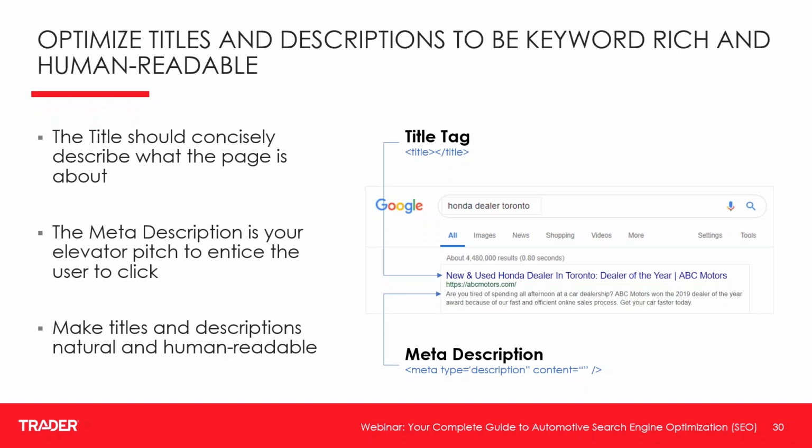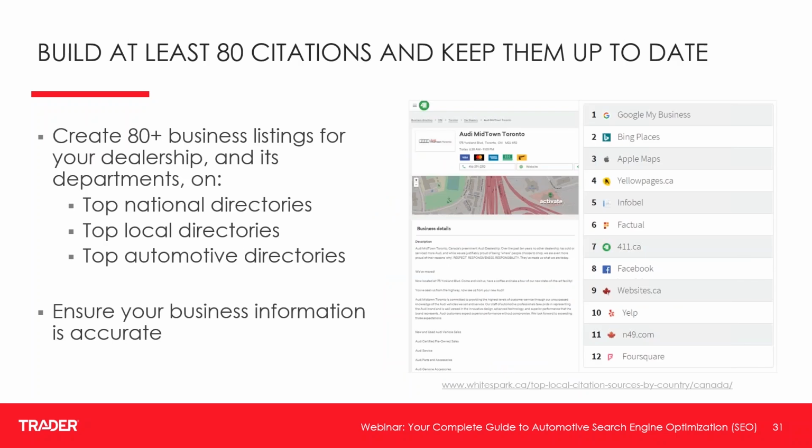Very, very important. And if you're using a modern content management system for your website, likely for your search result pages and your VDP pages, you don't have to write a title and description for each of those. Usually the modern content management systems have some sort of formula where you can do year, make, model, etc. Title tags and descriptions, very important.